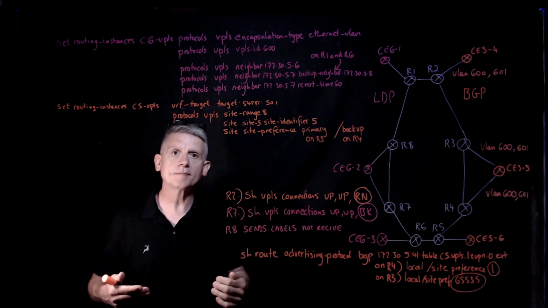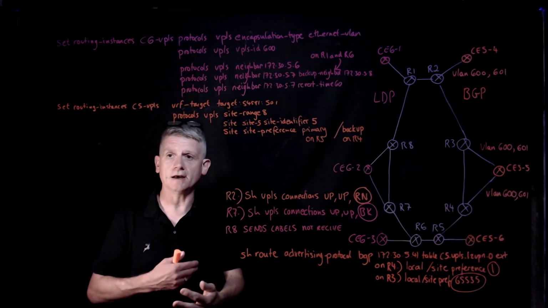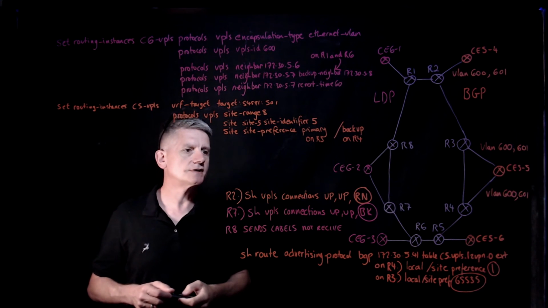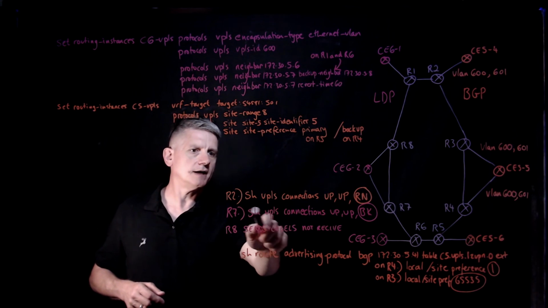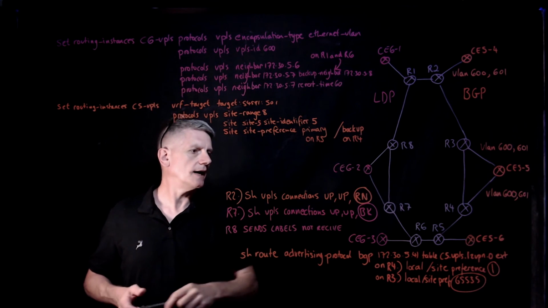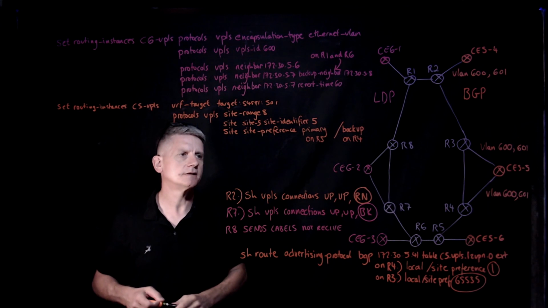However, the other peers see router 8 as not a neighbour they're going to send labels to, it's a backup neighbour. And so if we were to run show VPLS connections, we see up and backup, and it's really a functionally different way to do it.